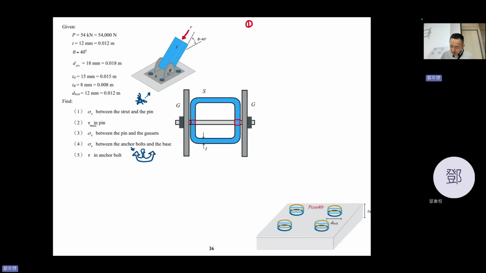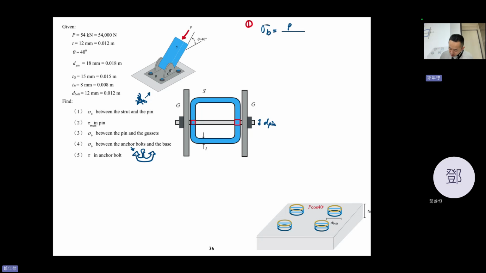So sigma B equals P divided by the area, and this is D pin.